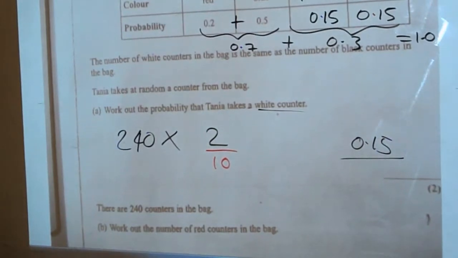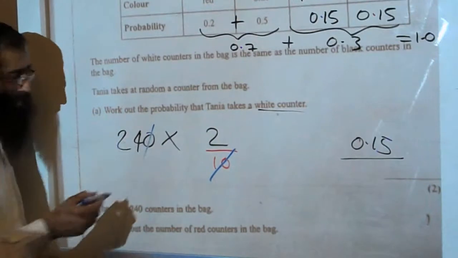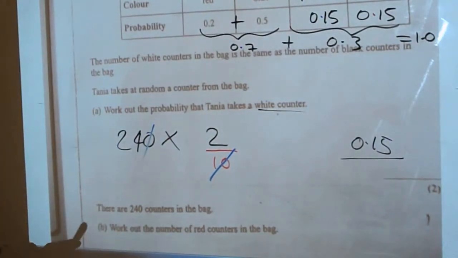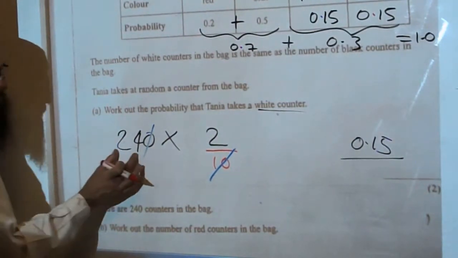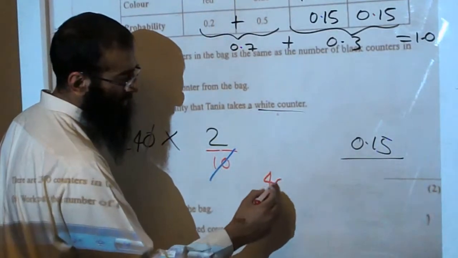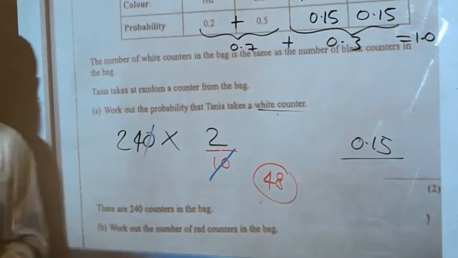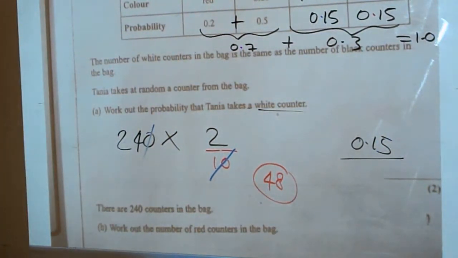Now 2 tenths is a nice number because if we divide 240 by 10 and divide the 10 by 10, we cancel them off. Makes the situation much nicer. So we've got 24 times 2, and 24 times 2 is 48. 48 is the answer. So we expect to have 48 red counters.